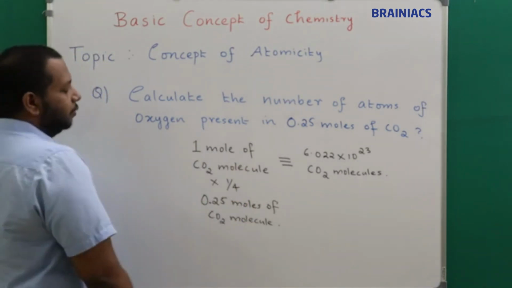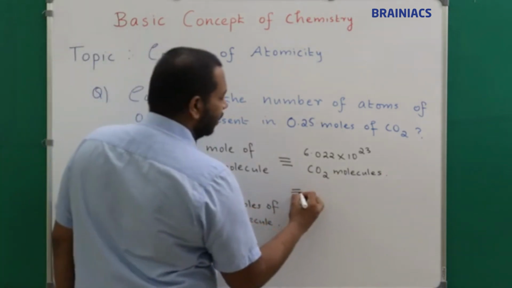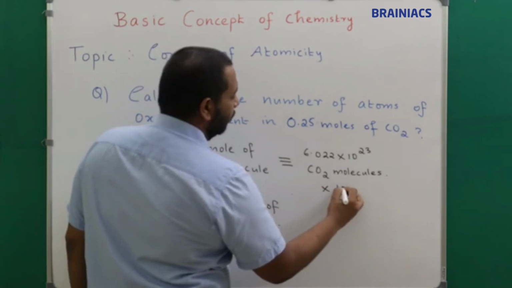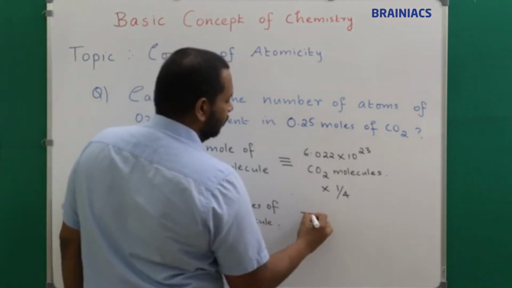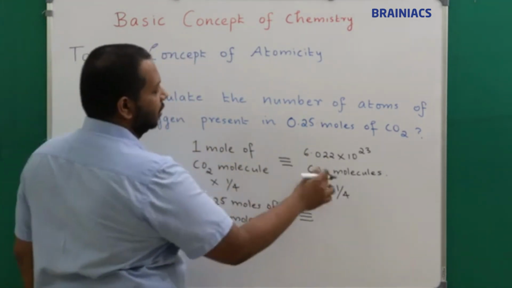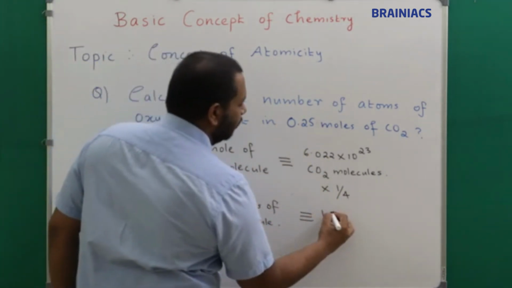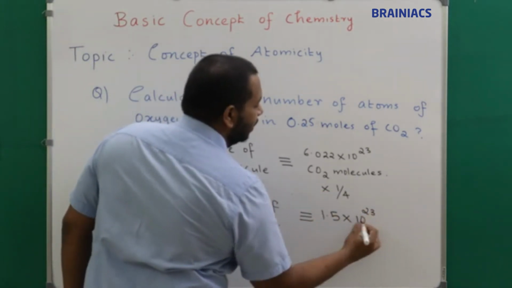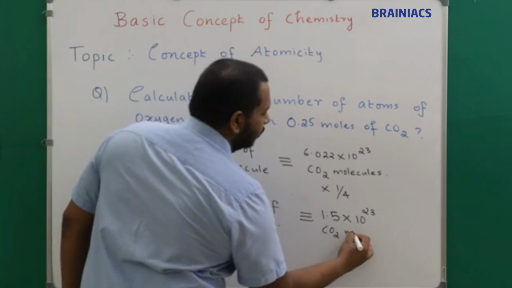So if you are doing that here, multiply here also with what? 1 by 4. So the answer will become 6 by 4. 6 by 4 is nothing but 3 by 2, and 3 by 2 is 1.5 into 10 power 23 CO2 molecules.